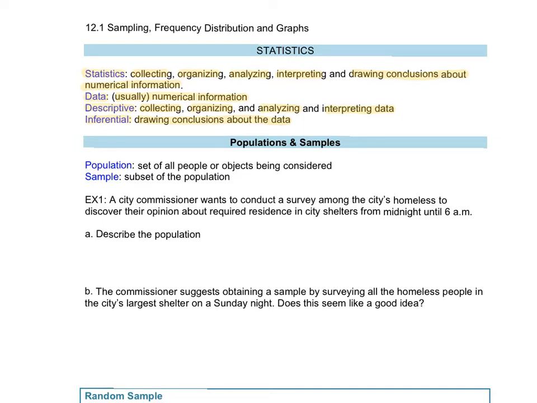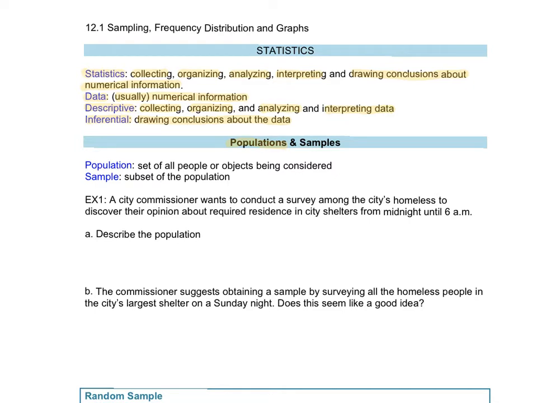First of all, where does our data come from? For each research where you're going to collect data, you'll need a population that you're going to consider. It's typically impossible to collect data from the whole population.